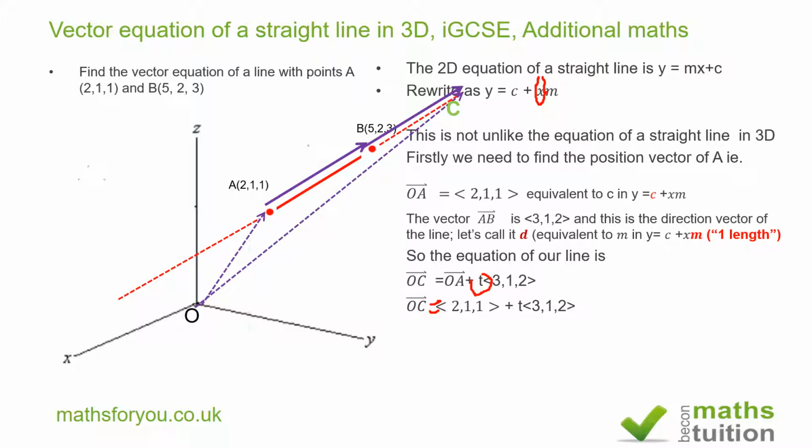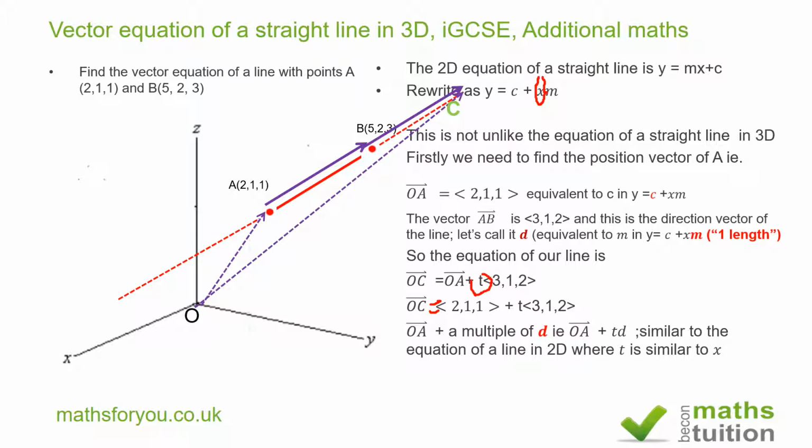Okay, now what happens if we need to find the position vector of C prime being a point on the line, but on the other side of the direction vector. So we're going against ourselves. So what we then do, we have to go via OA and then double back and go down the opposite direction to vector AB.